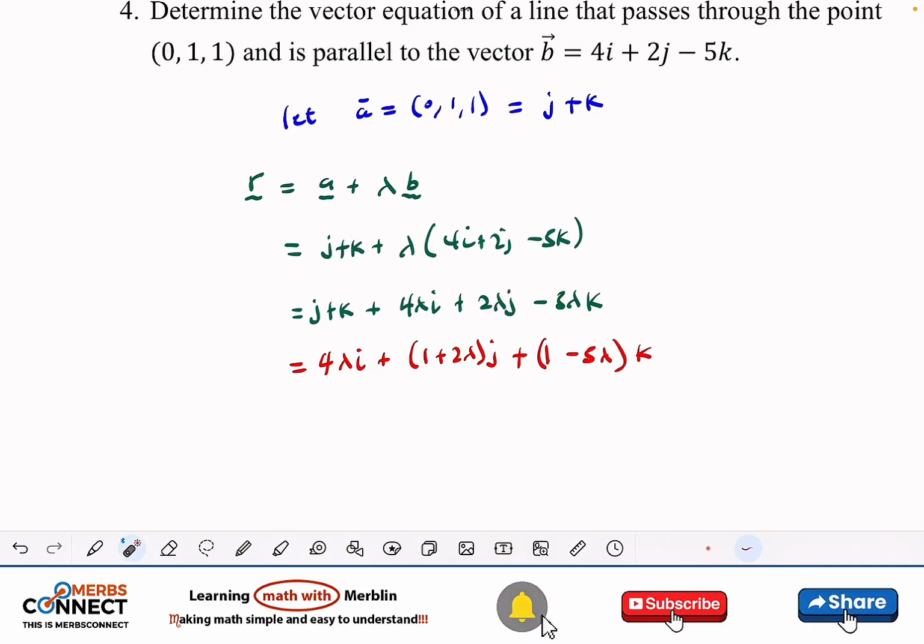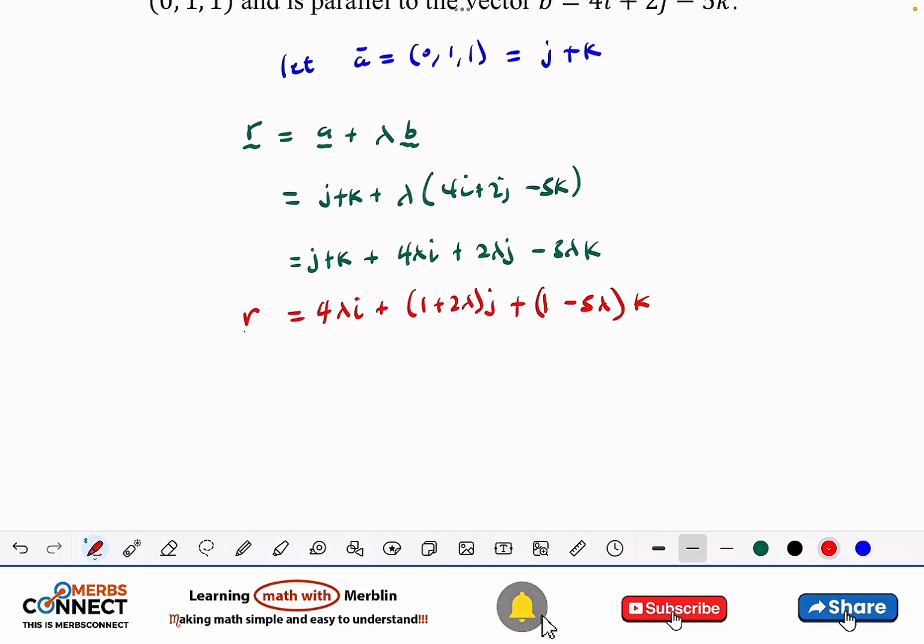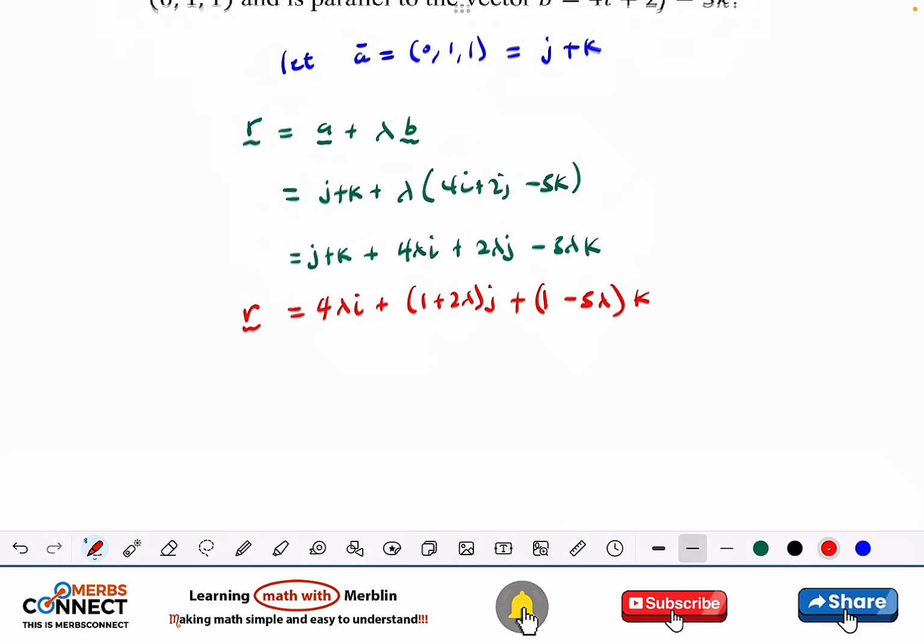So we are grouping like terms. We have only one i, so it comes here. Then we have this j and this j, so when I factor j out, it will be 1 plus 2 lambda. And we have k here and k here. When I factor k out, it is left with 1 minus 5 lambda. So this is the parametric form, right?